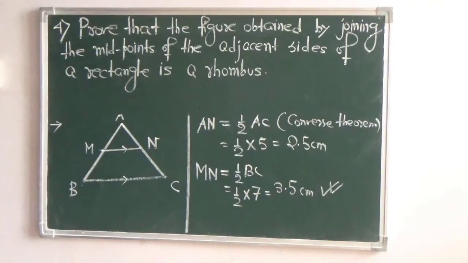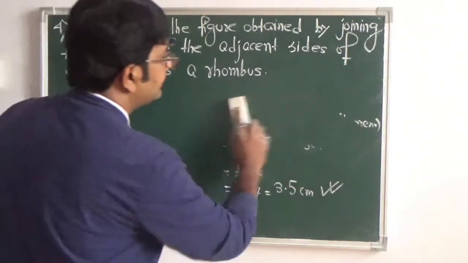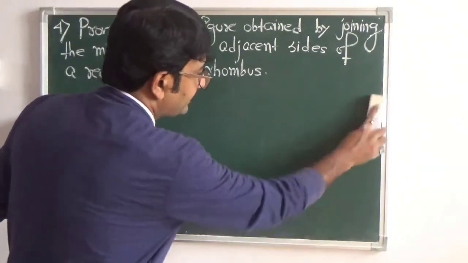So the question here is to prove that the figure obtained by joining the midpoints of the adjacent sides of a rectangle is a rhombus.